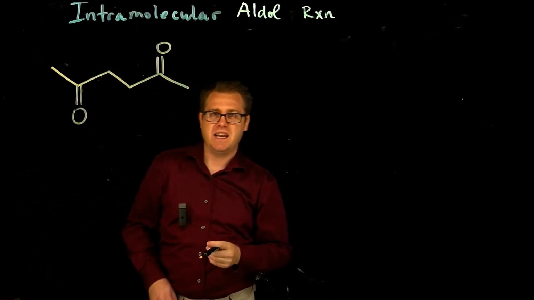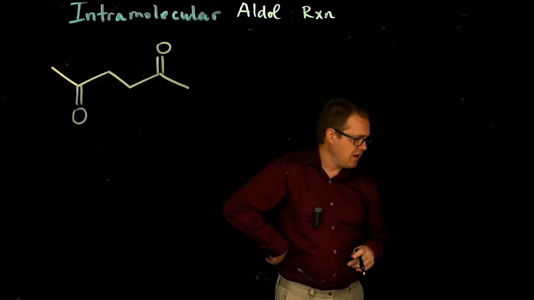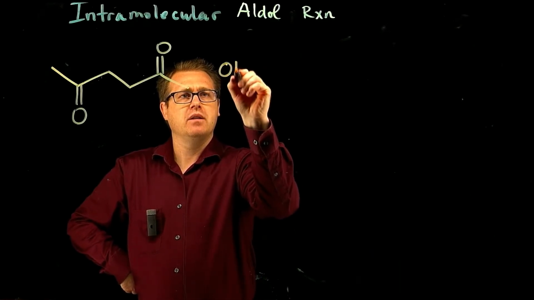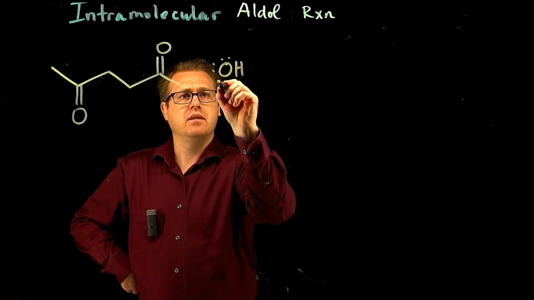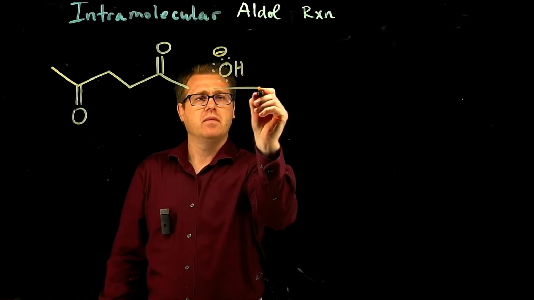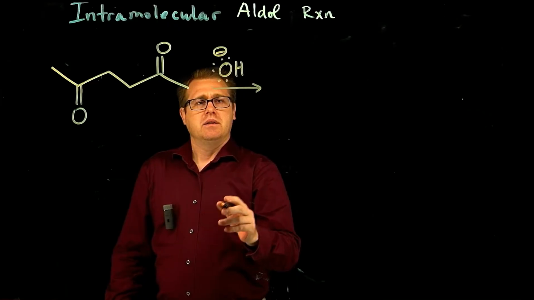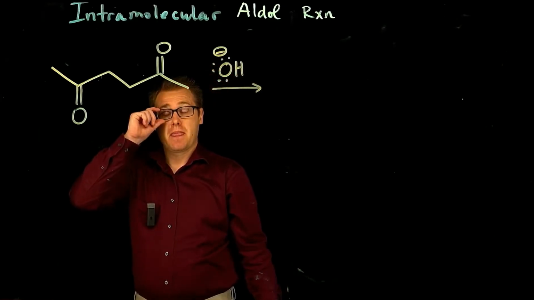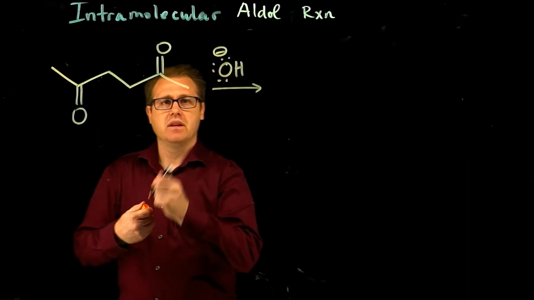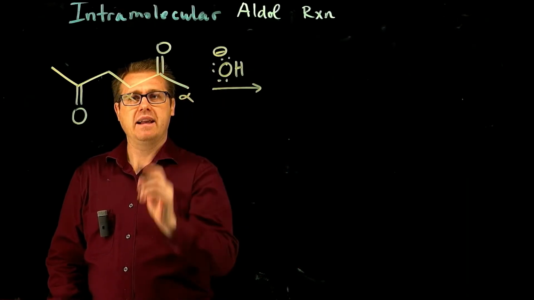So let's say you have a diketone species and you treat that with base. Okay. Now what can happen here? Now this is interesting in the fact that we have alpha and alpha.